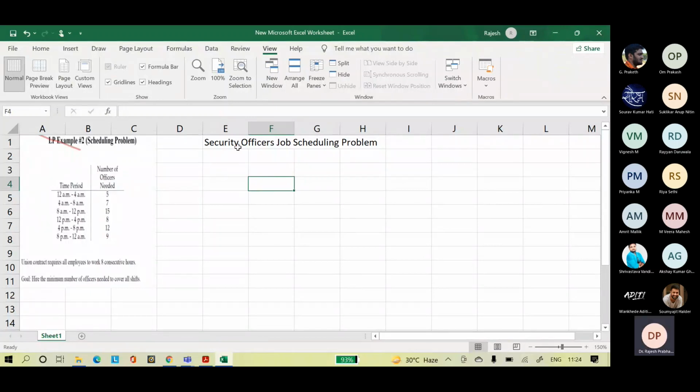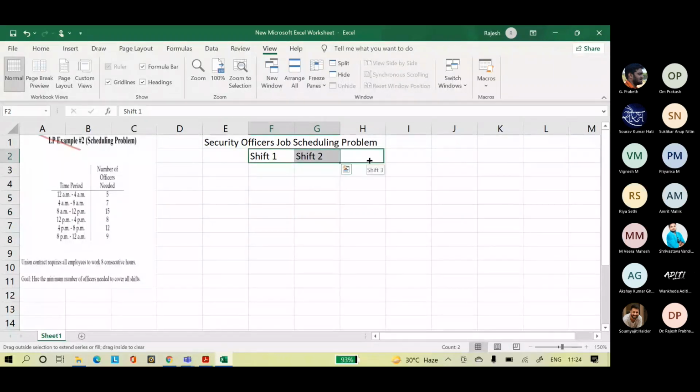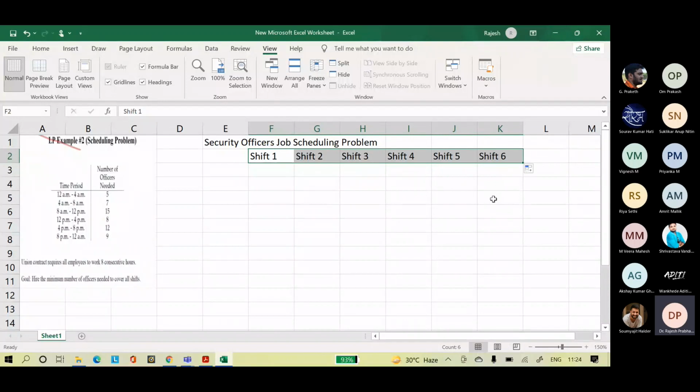So let us call each one of them shift 1, shift 2, 3, 4, 5, 6. We have 6 shifts.